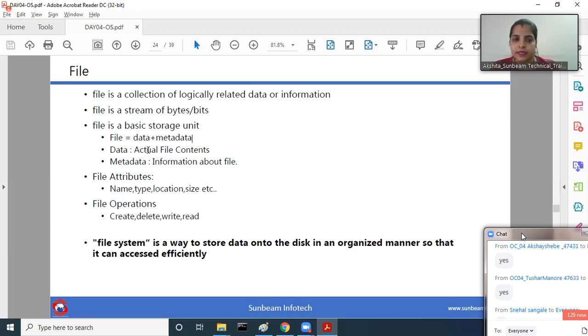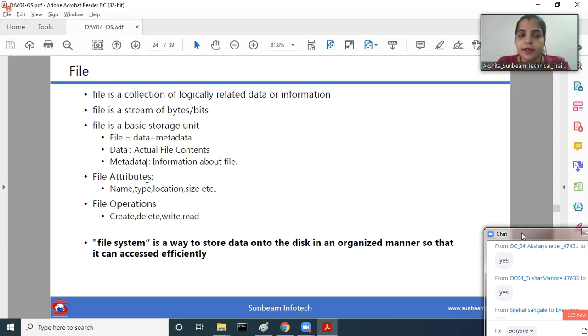So normally we can say metadata is data about data, or detailed information about the file. And what is data? It is nothing but the actual file contents. There can be different file attributes like the name of the file, type, location, size, etc. We can perform different file operations, maybe create, delete, write, read, and so on.